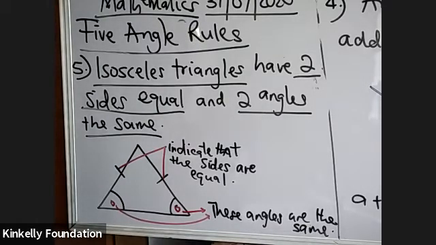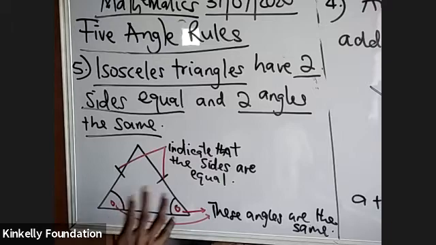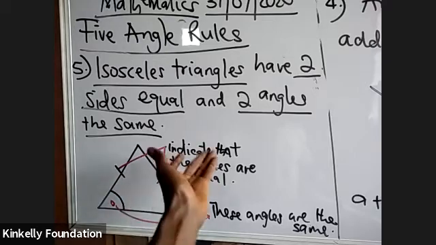So these are the things you need to note in isosceles triangles. Two sides are equal and the two angles are equal. These two angles, we normally call them the base angles. Most times you can turn the triangle, and the angles will face up.